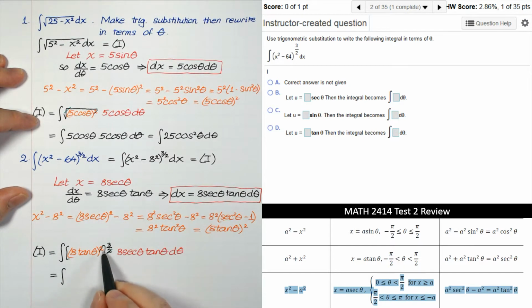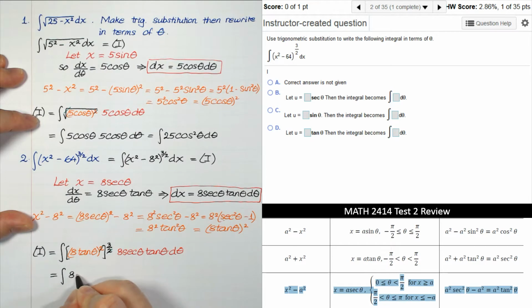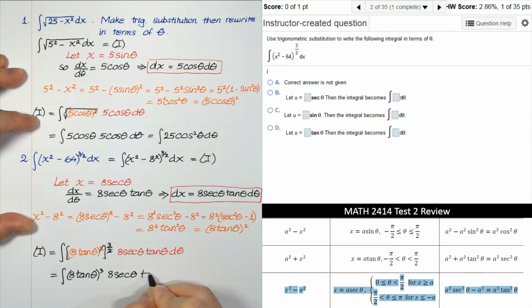Multiply the power, the 2 and the 2 cancel, end up with just a cube. So we have (8 tangent theta) cubed, and then 8 secant theta tangent theta d theta.